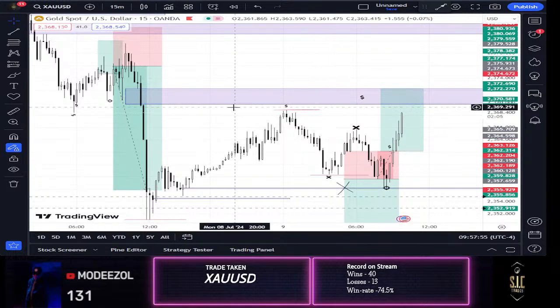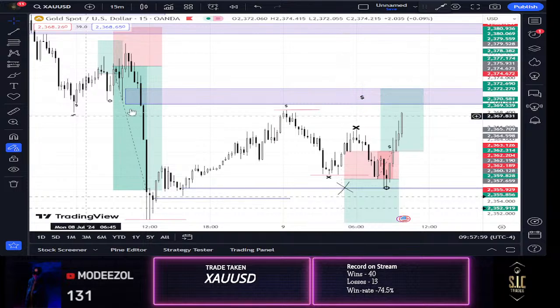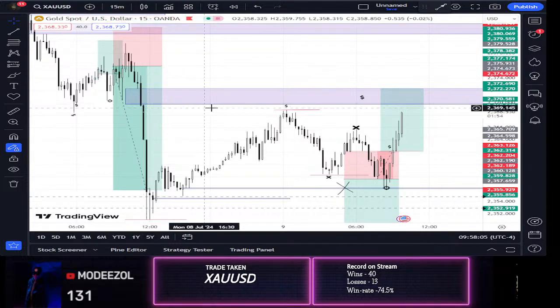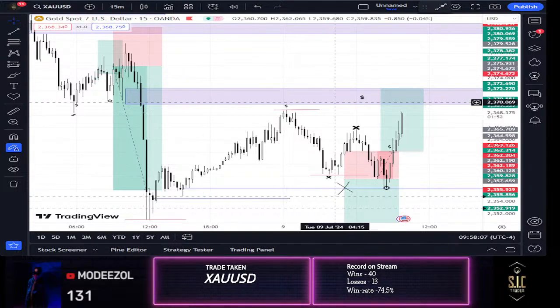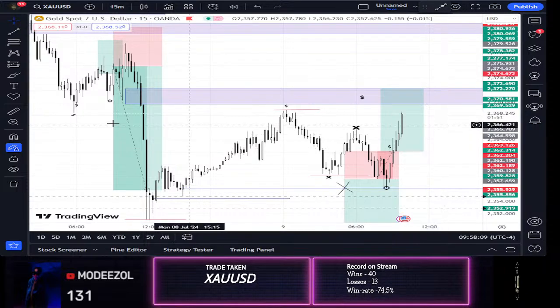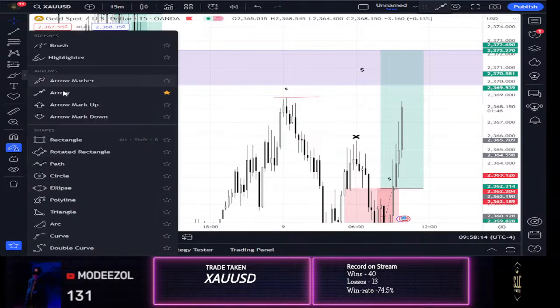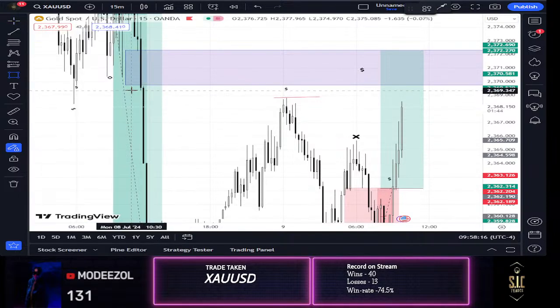So we do have a little gap sitting above it, and we have this gap here. There is a little bit here. I don't have it marked, but there's a little one right underneath this wick and above this wick. There's a gap. So you can mark it if you need your eyes to see it.